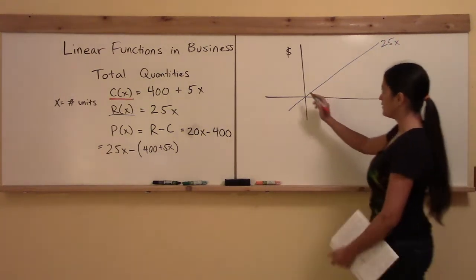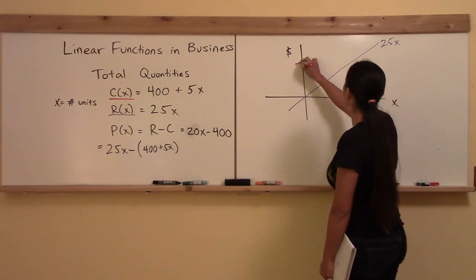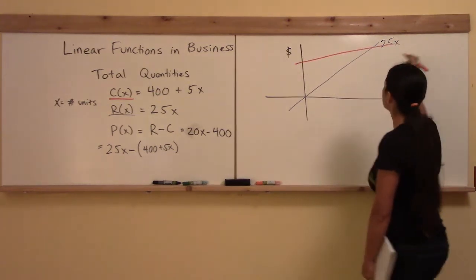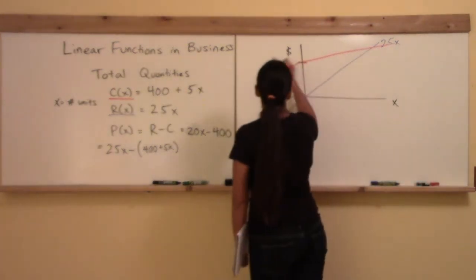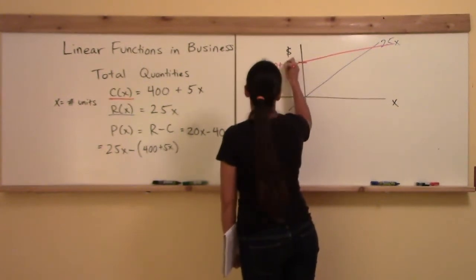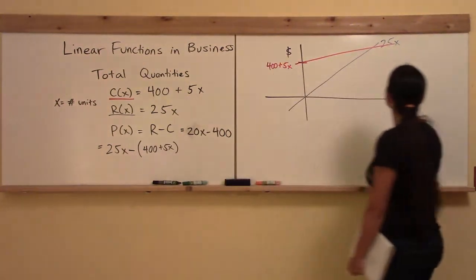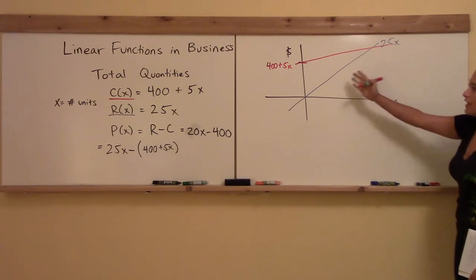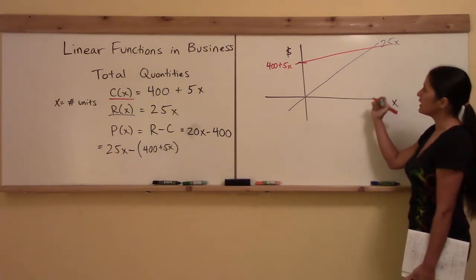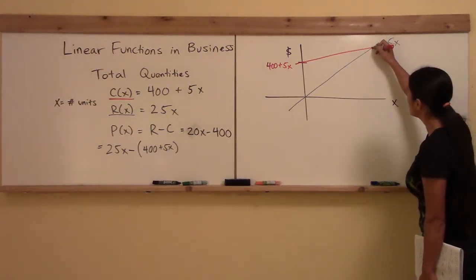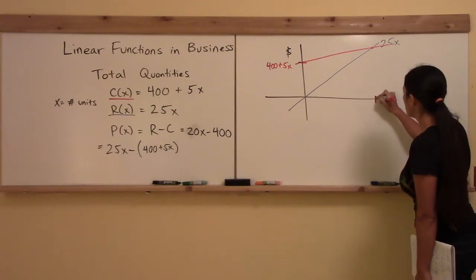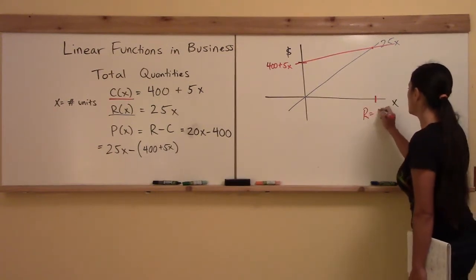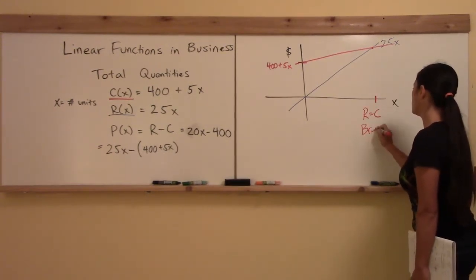C of X, its y-intercept is 400 and it has a much lower slope. It has a slope of 5. And you can see that the red line and the blue line here intersecting right here at this point here, and that's going to correspond to the place where R is equal to C, and that's our break-even point.